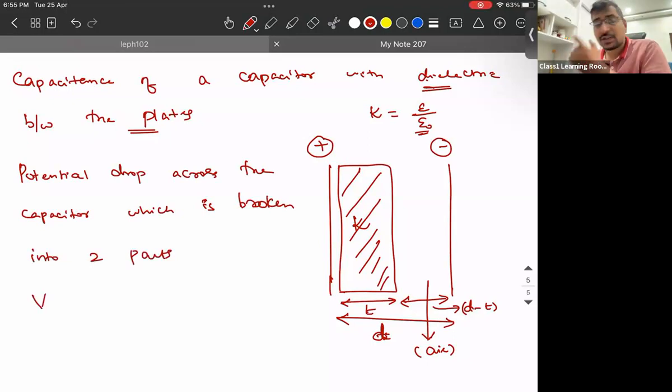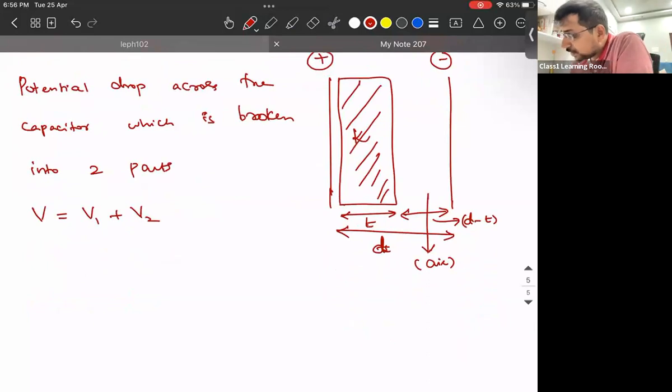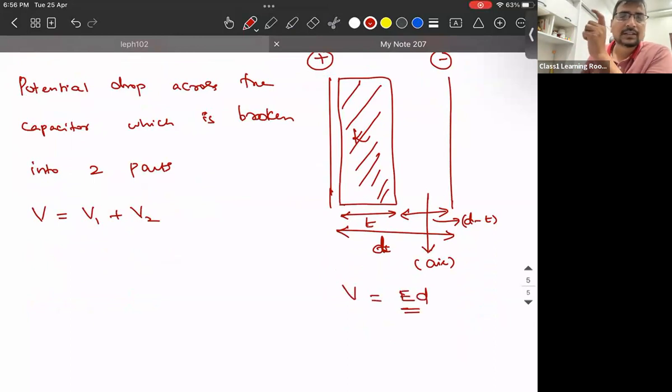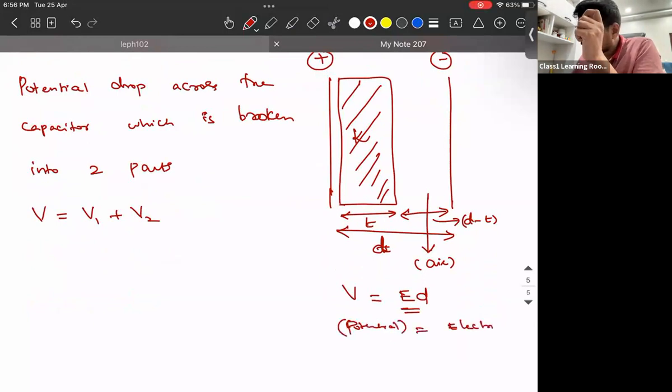The potential between the positive and the negative plate, if I say the potential is V, then that V can be divided into two parts, V1 and V2, where V is written as E into D. Potential is equal to electric field multiplied with distance of separation.